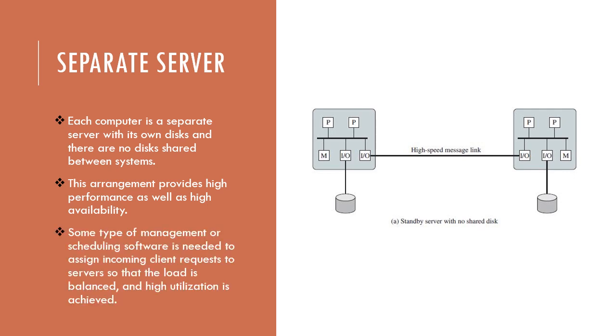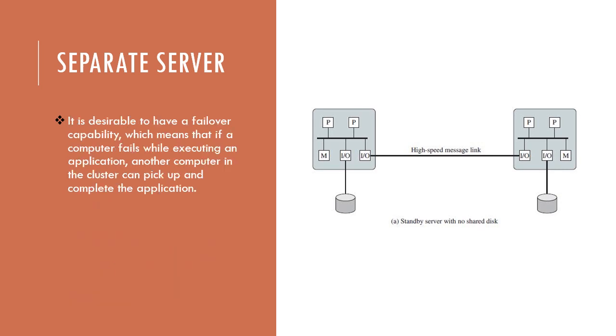Some type of management or scheduling software is needed to assign incoming client requests to servers so that the load is balanced and high utilization is achieved. This scheduling software accepts jobs from the clients, and then it looks at the current load of each server. Then it assigns the job to the server which is lightly loaded. And in this way, load balancing is done.